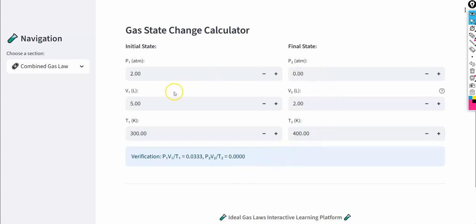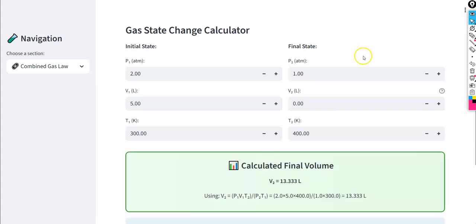Here the pressure is 0, so it is not working, you have to give some value. Okay, so you can calculate the final volume.